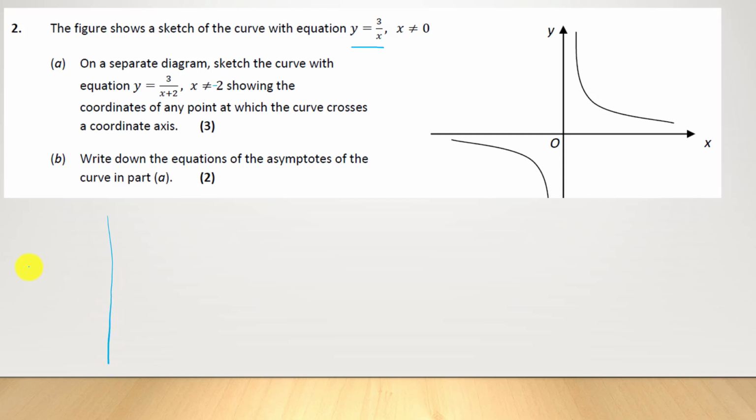So a sketch means a sketch. Now we know this looks like this, so imagine f(x) equals 3 over x. So to get this equation here, it must be 3 over f(x) plus 2, which is going to equal 3 over x plus 2. So this we can see is a translation to the left 2. So we just need to bring all that across 2.